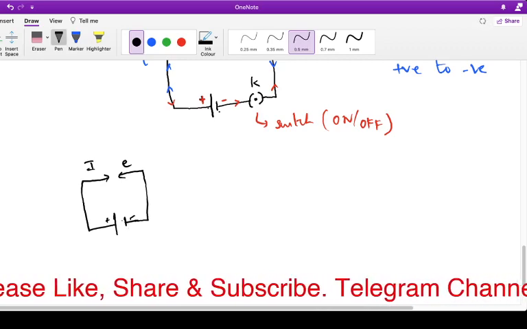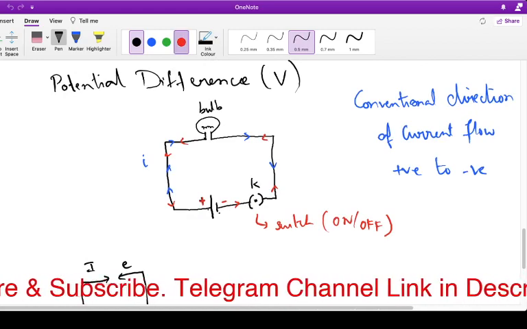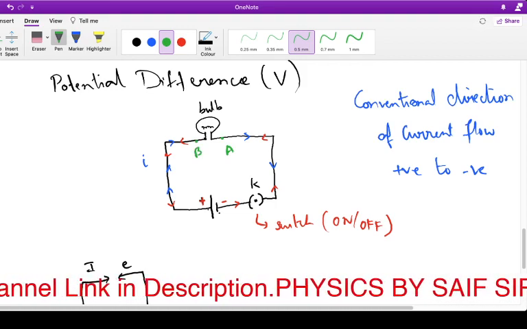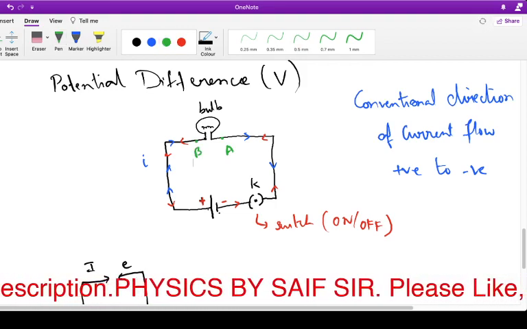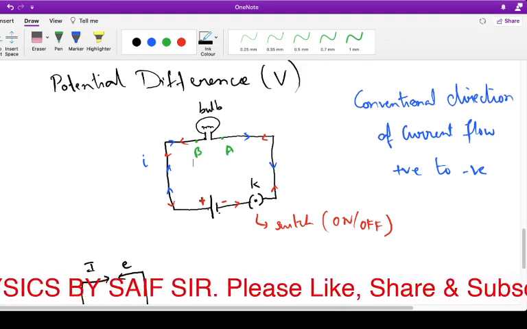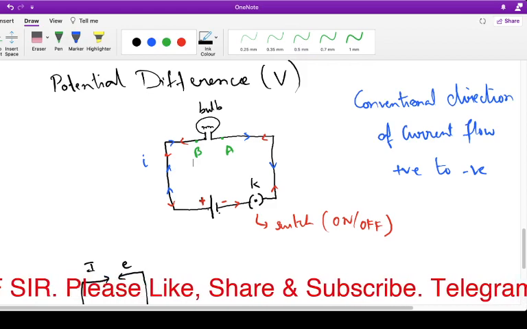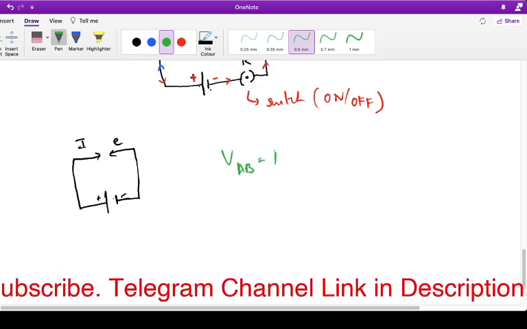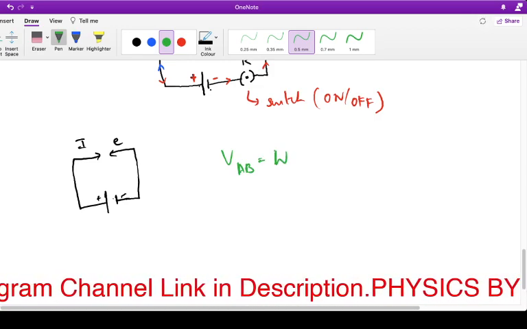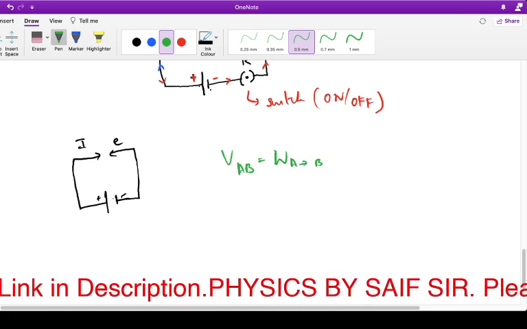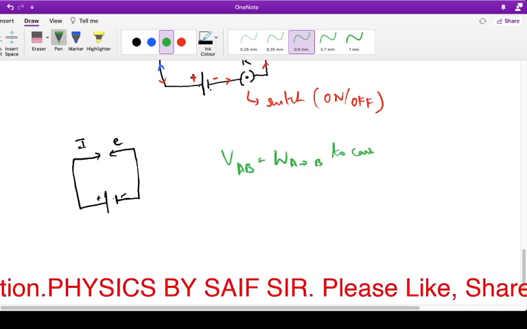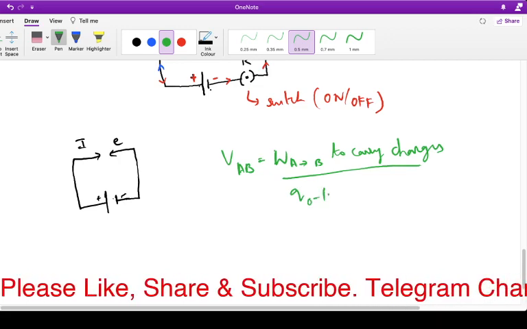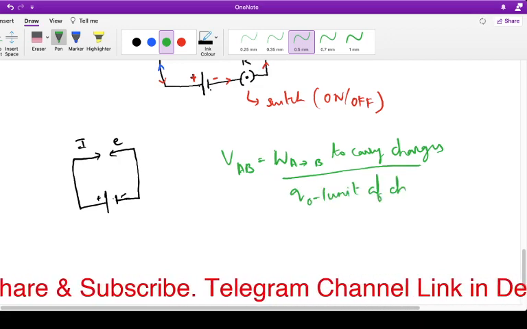Now coming to the topic, what we have to find here is the potential difference from point A to point B. The potential difference is for moving a 1 unit charge from point A to point B. So you can write it like this: V AB is the work done in bringing the charge from A to B, divided by Q naught, which is equal to 1 unit of charge.